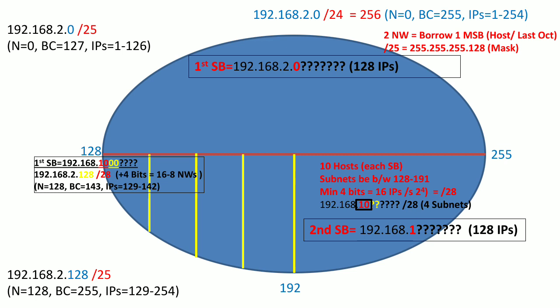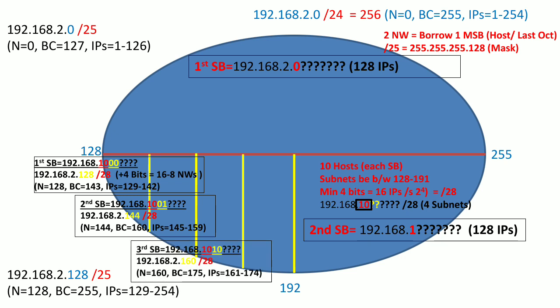The network address is 128 and the broadcast address is 143, and we have IPs available for endpoints from 129 to 142. The second subnet would start from 144 and go till 159, where 159 would be the broadcast address and 144 would be the network address.